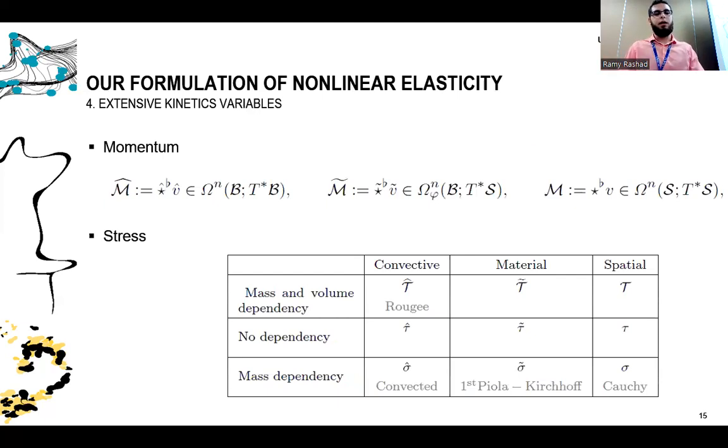For the kinetics variables, we define the momentum to be the Hodge star operator applied to the velocity field. So the Hodge star would take a vector valued k form to a covector valued n minus k pseudoform. So the momentum here is a covector valued n pseudoform, and this is the extensive momentum.